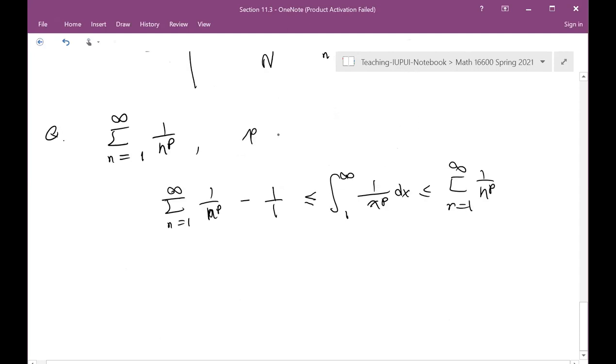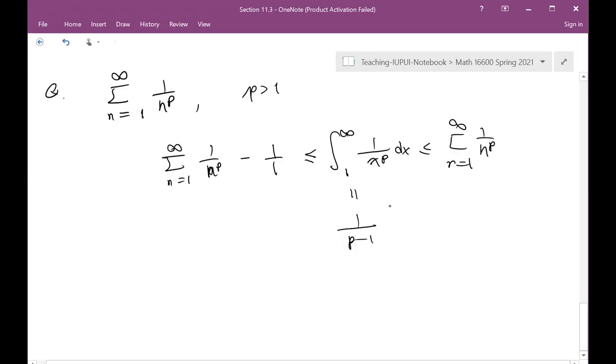I assume that p is greater than 1. Check, I think it's 1 over p minus 1. Yes, so that is the value when p is greater than 1.